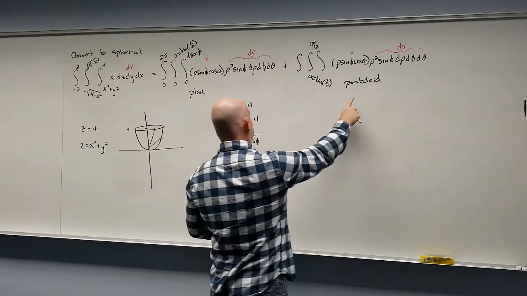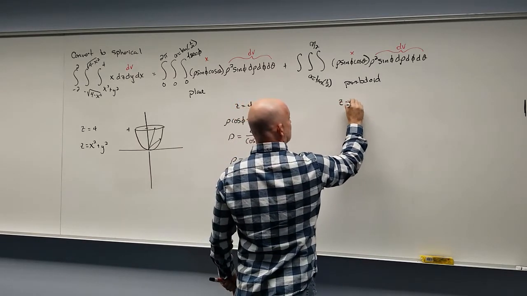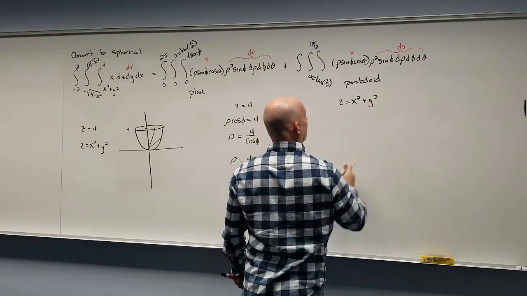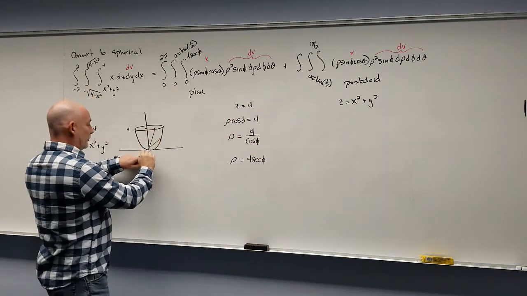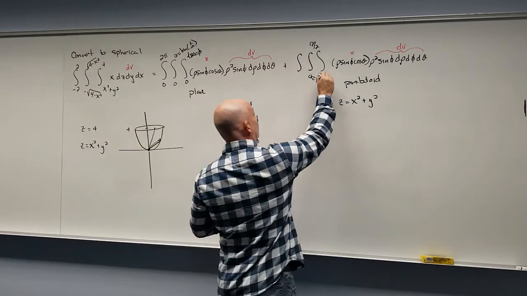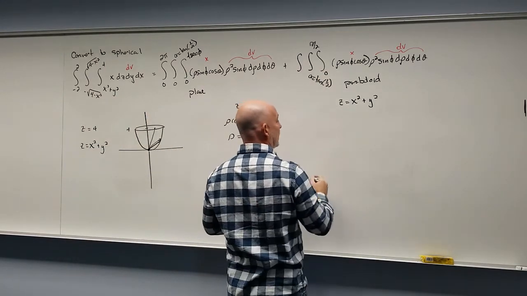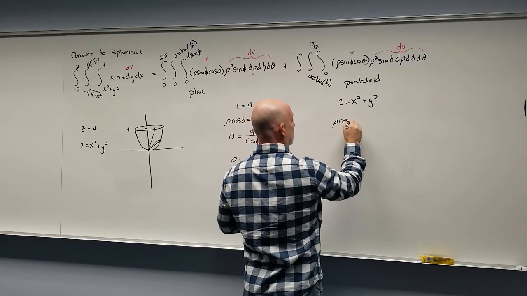All right, on our paraboloid, well, we know in our paraboloid, z is equal to x squared plus y squared. So what does rho run from? Again, it's going to run from rho equals 0 out to that paraboloid. But what's the equation for this? Well, we know z is rho cosine phi.